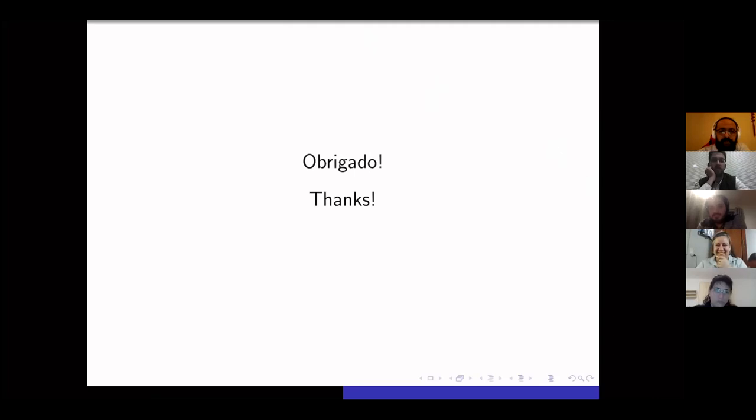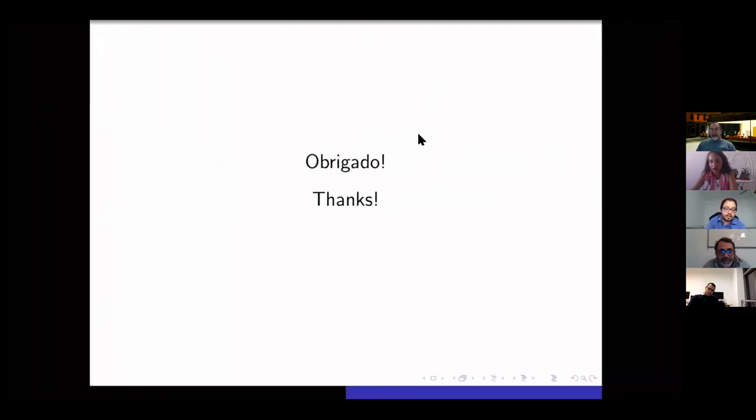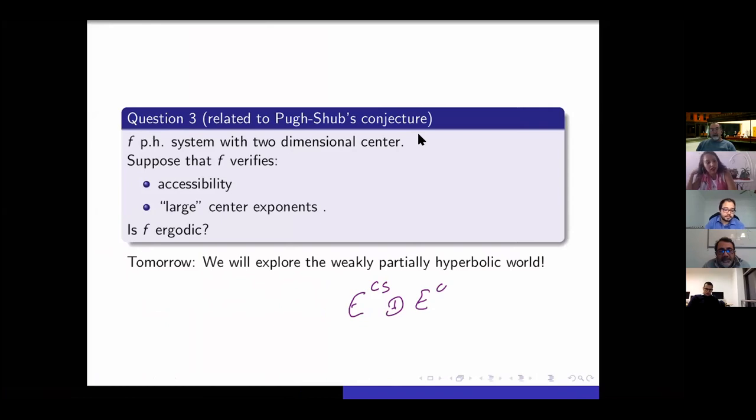Can I make a comment? That looks hard. Your proof with all the estimates looks hard. I mean, if that's the case for 2, 3 is going to be even worse. Yeah. In my proof, I use a lot of the structure of the system to mix different ergodic components. But maybe there's something to be said if you replace that by accessibility.